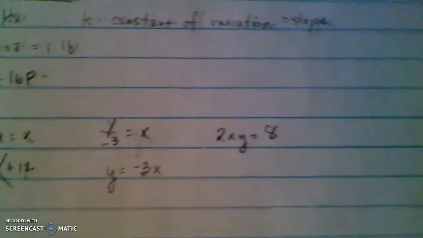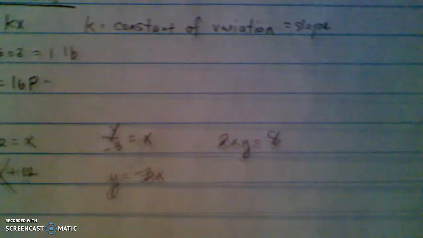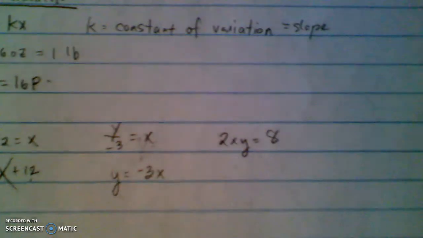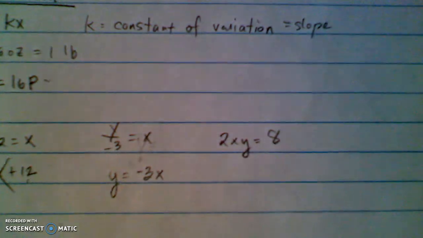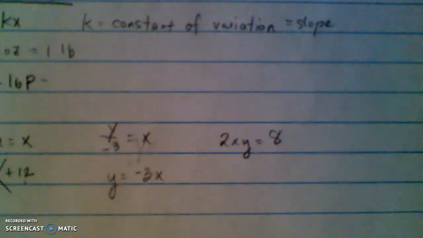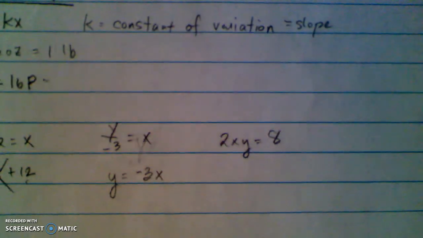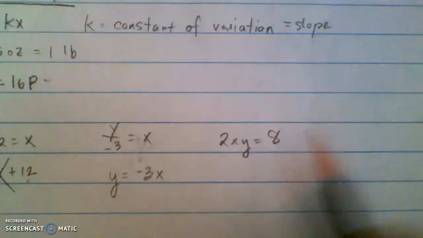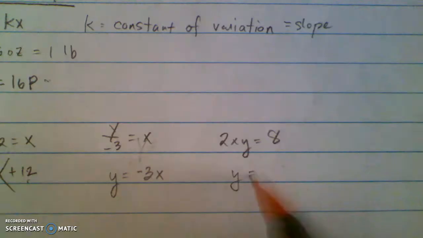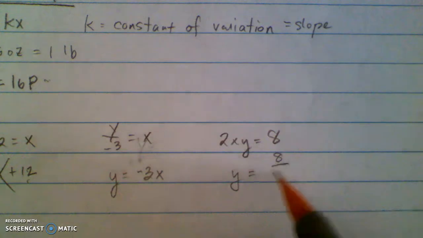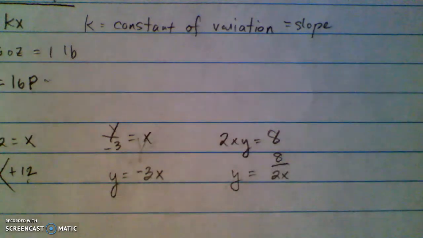Now, what do we have to do first to determine if it's a direct variation? Move 2x. How do we do it? Divide. I agree. So we get y equals 8 over 2x. What can we also do to that? 4.